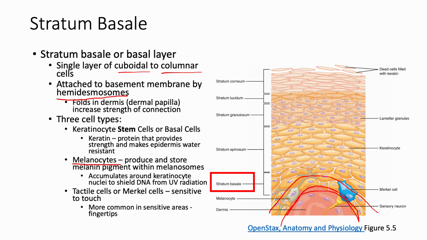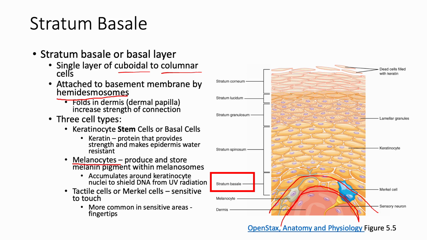Well, the purpose of melanin is to shield the nuclei or the DNA of these keratinocyte cells from UV harm, UV radiation. So that's why the more exposure we have to sunlight and UV radiation, it stimulates these melanocytes to produce more melanin pigment. So the purpose is protection from damage, right? But it also causes a darker color, right, in our epidermis.